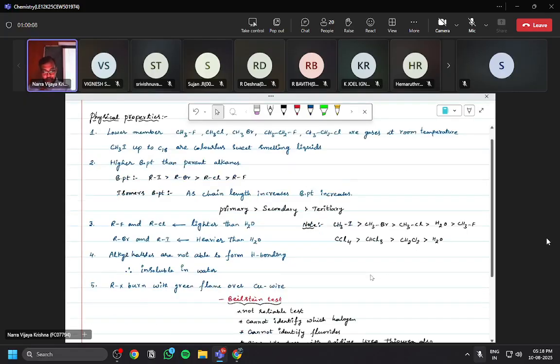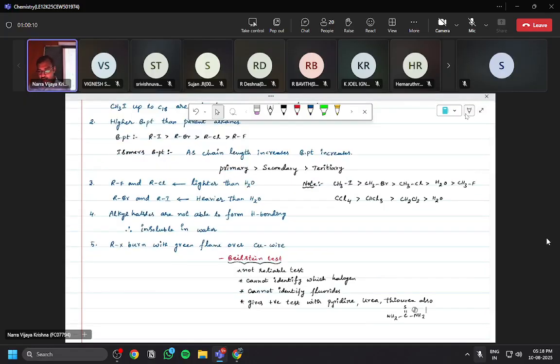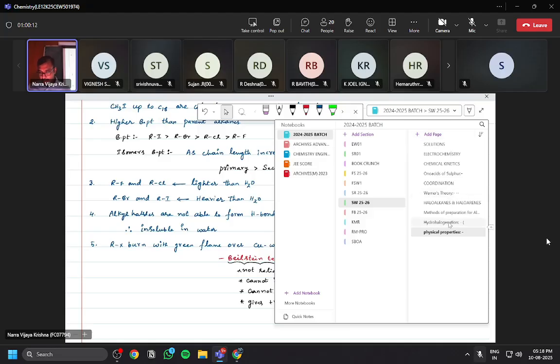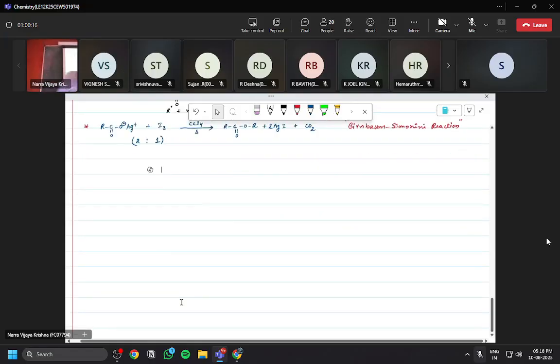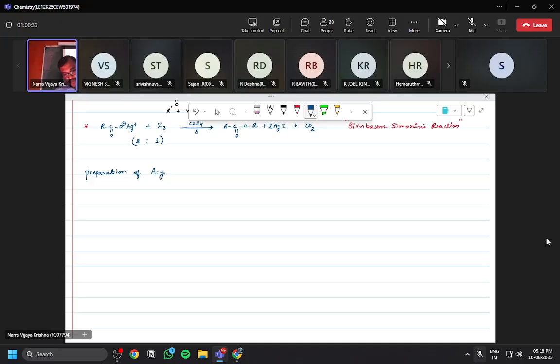Now, regarding chemical properties. Before going to chemical properties, I will do one thing. Two named reactions we missed. So let me write this. Preparation of aryl halides. Till now we prepared alkyl halides.